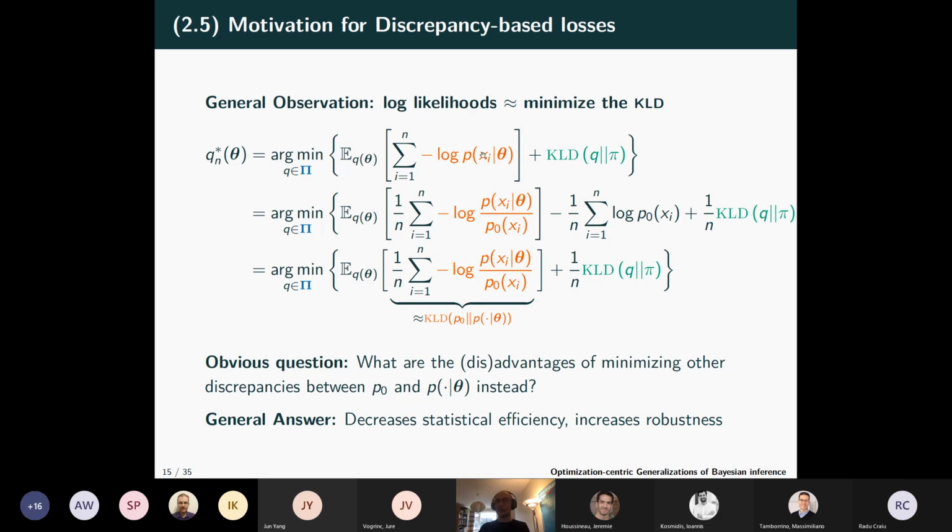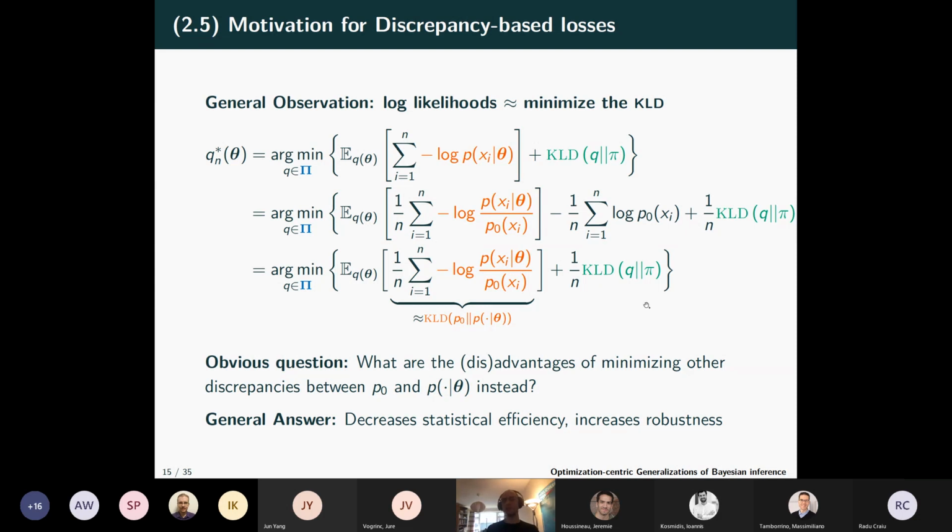I haven't done anything magical here. I've added a term and subtracted a term that doesn't depend on theta, so I can always do that. It's just a constant. And what turns out to be the case is that I'm downweighting the Kullback-Leibler divergence between the prior and the posterior with 1 over n, while computing the Kullback-Leibler divergence that I get empirically from the data and the model that I've posed.